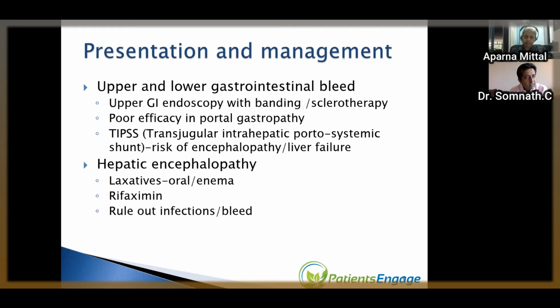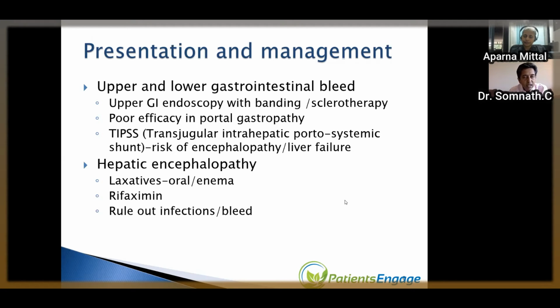The next stigmata, which is also very important, is something known as hepatic encephalopathy. This symptom arises when the liver becomes damaged, and one of the main jobs of the liver is to clear the toxins which are circulating in the blood. When the liver gets damaged and is no longer effectively able to do this job, the toxins accumulate in the brain and cause encephalopathy, which may be as mild as improper sleep, to as grave as confusion, loss of memory, and going into a coma.